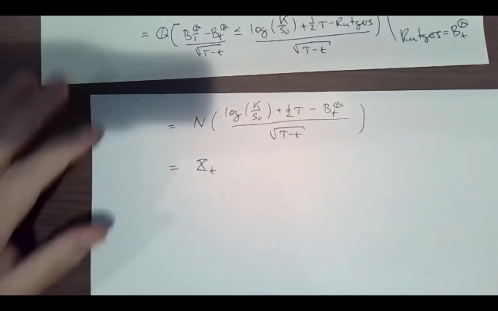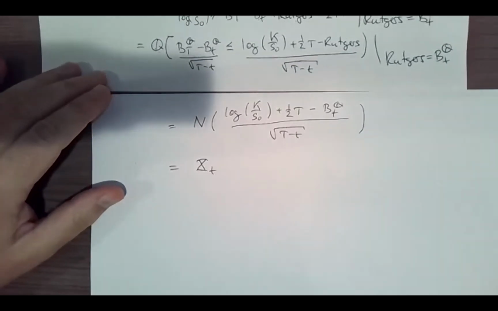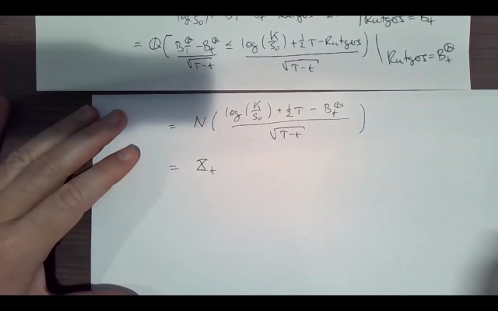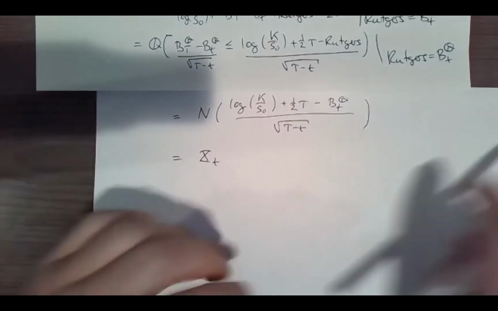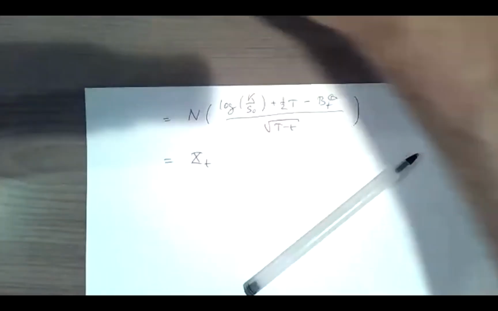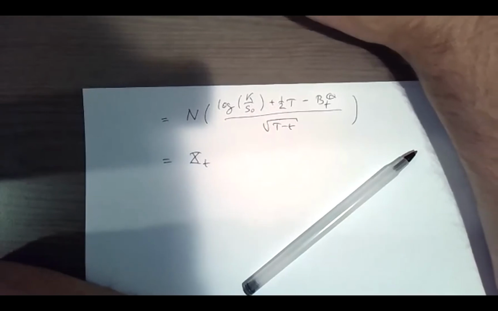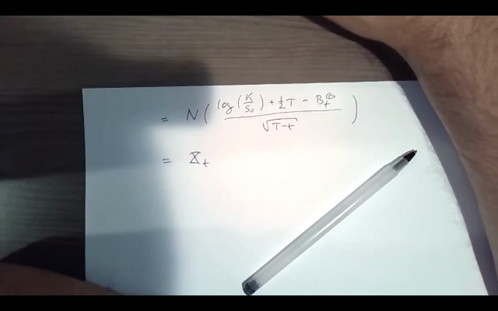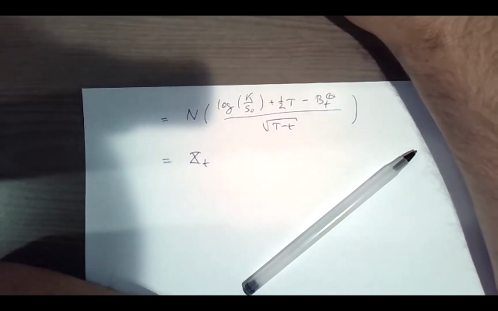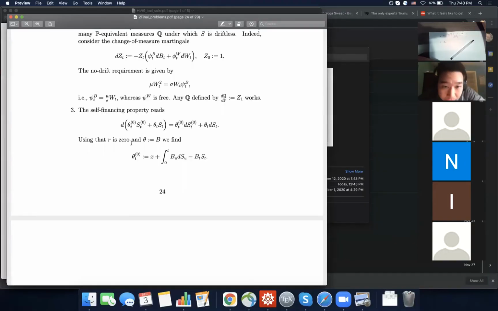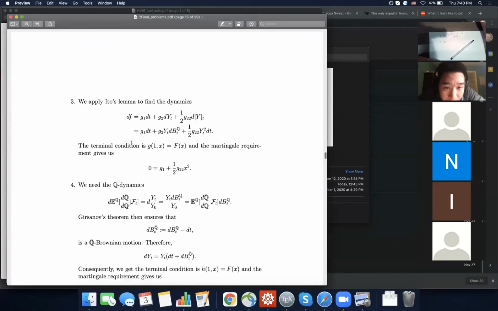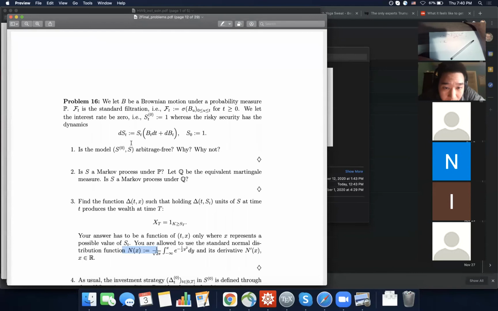Wait, is the N standing in for the normal distribution function? Yep. This was what was given in the problem. Let me go back and share this. Problem number 16, right?